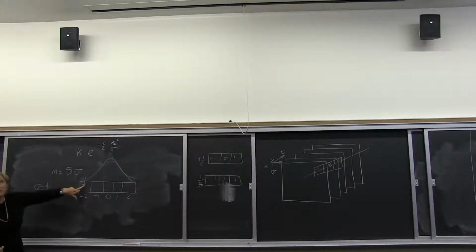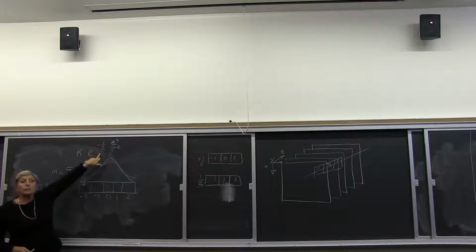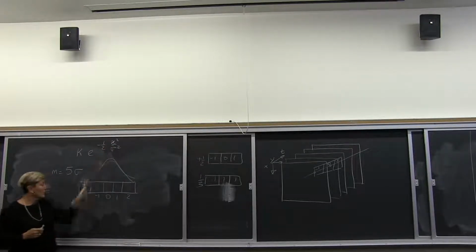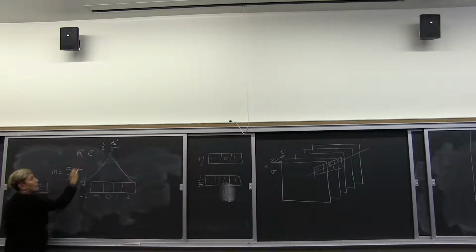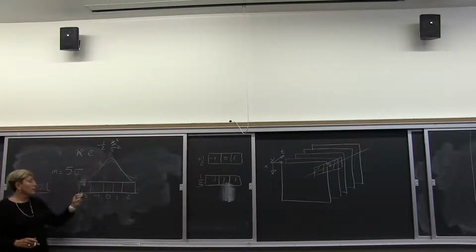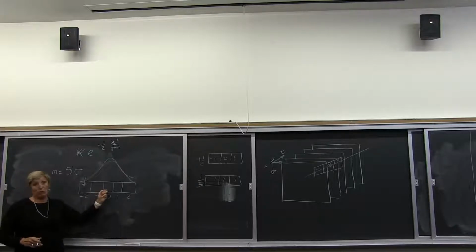So over here, what I need to put is the value of this function evaluated at x equal minus 2. Forget the k for now. I evaluate the exponential for minus 2, and I put it here, then for minus 1, 0, 1, and 2.